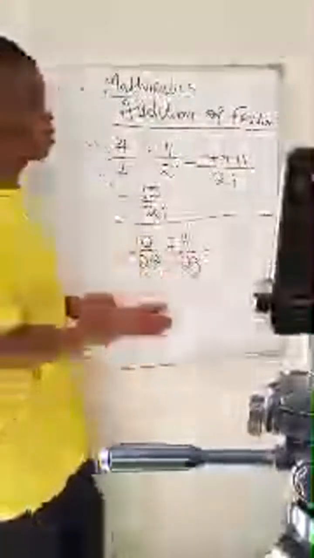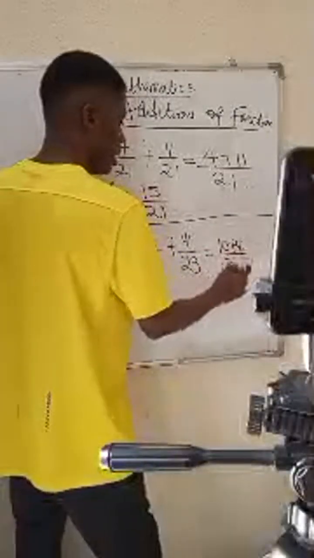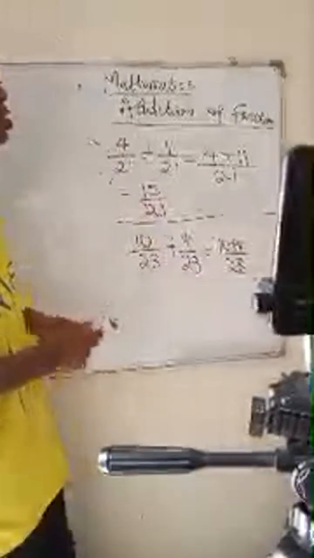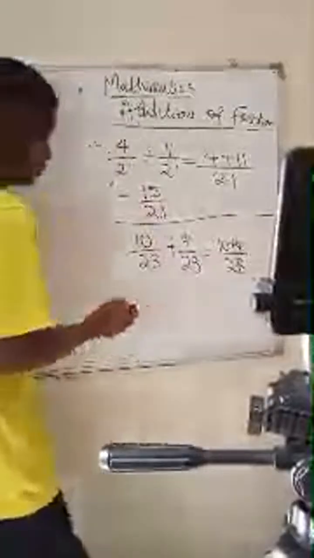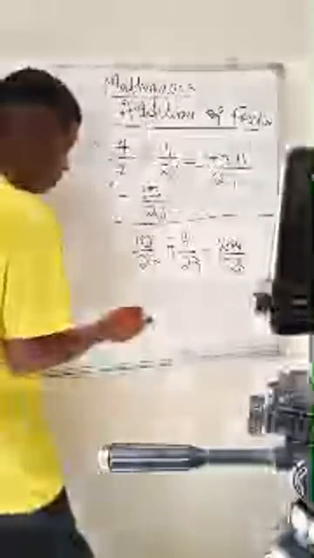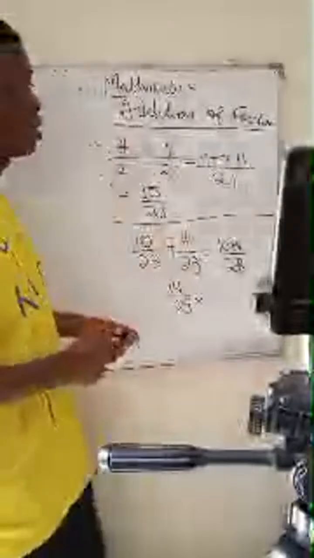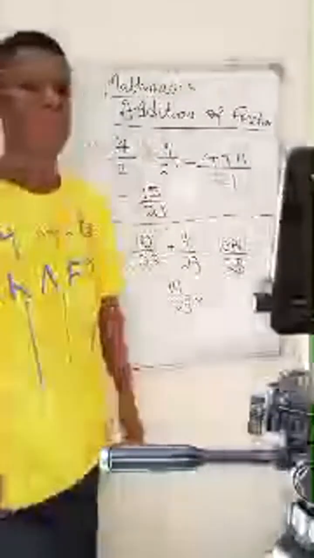So once the denominators are the same, you just have to add the numerators and keep the denominator the same. So what's 4 plus 10? 14. So you have it as 14 over 23. And that becomes the answer. Okay, so write it and let me know.